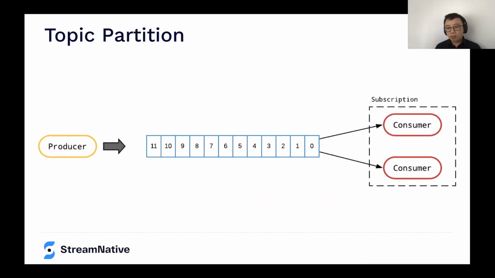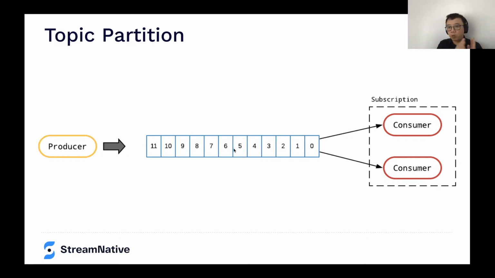If you want to take an abstraction of the storage representation that Pulsar presents, it's actually a topic partition. What the producer and consumer deal with in this topic partition is an append-only log.